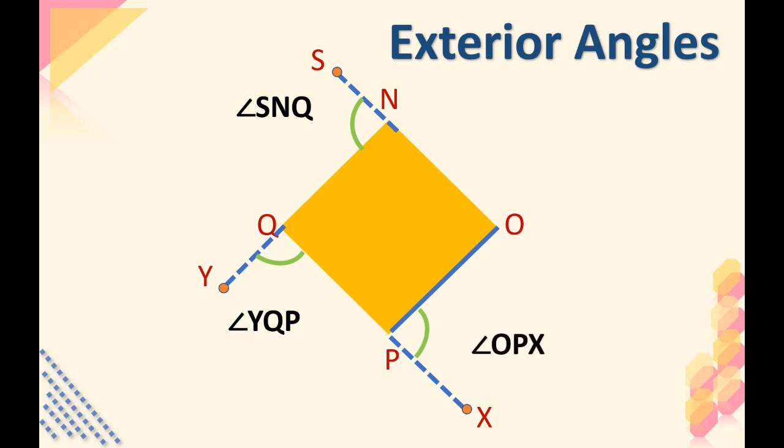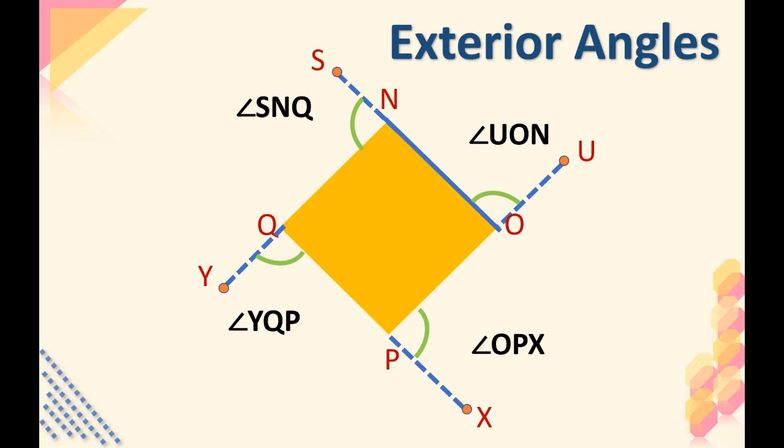Then, side PO can be extended to point U, forming a new angle with side ON, which is angle UON. As you can see, we also have 4 exterior angles for this polygon.